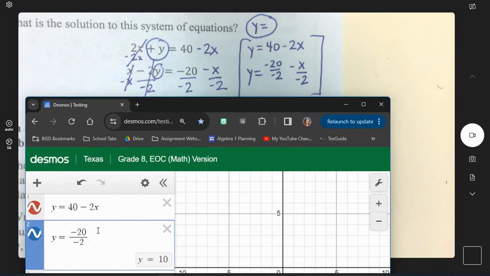And then I need to do minus x. x is the only thing on top this time. So it's just x over negative 2. So I put this in exactly like I see it.